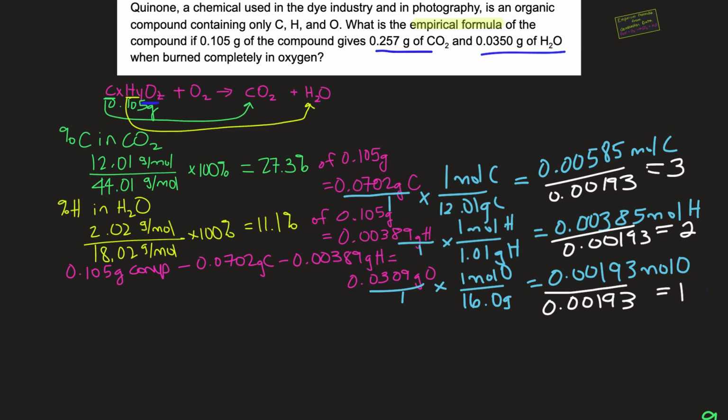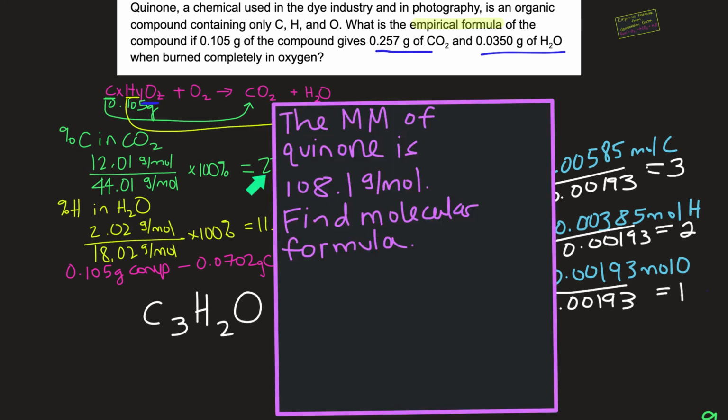So now we know that the empirical formula is going to be C3H2O. With some additional information, that the molar mass of the quinone as it exists in nature is 108.1 grams per mole, now we can actually find the molecular formula. We wouldn't have been able to do that if we weren't given the molar mass.